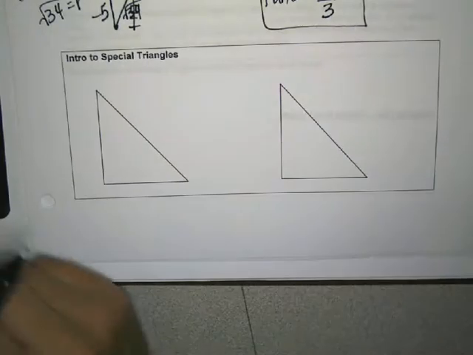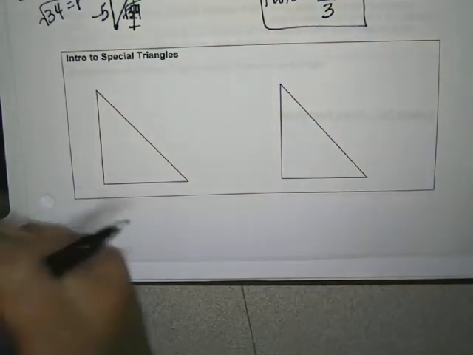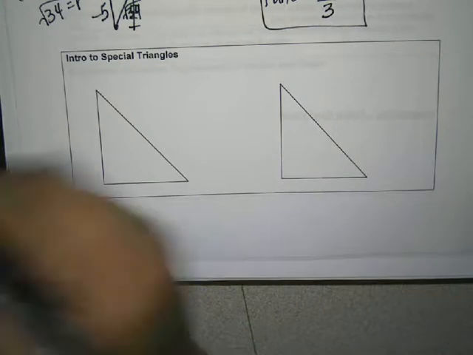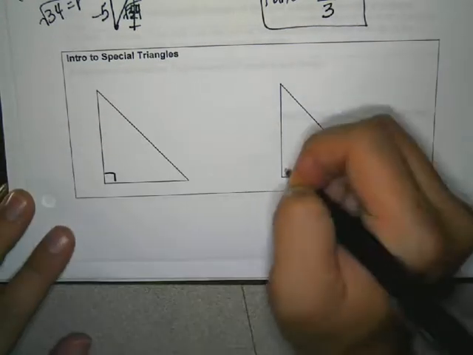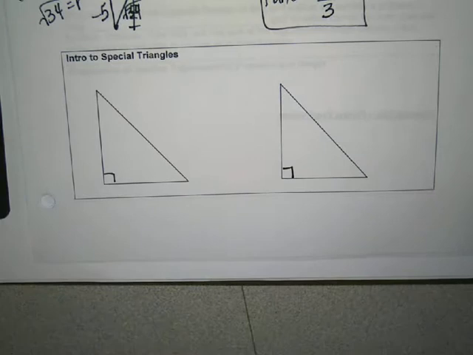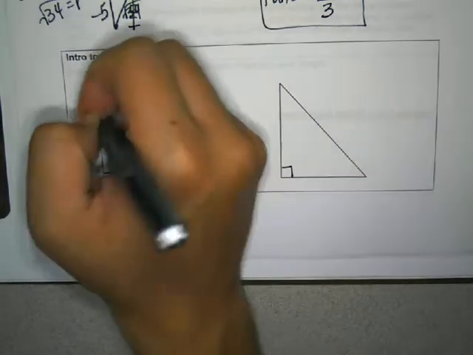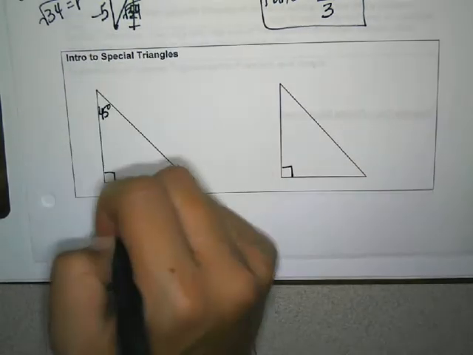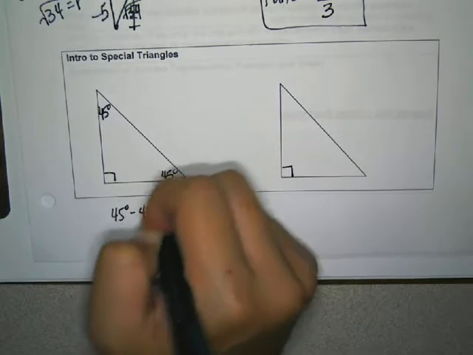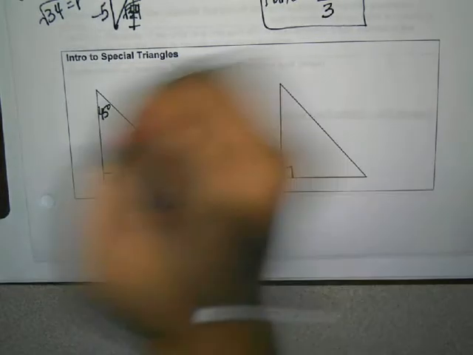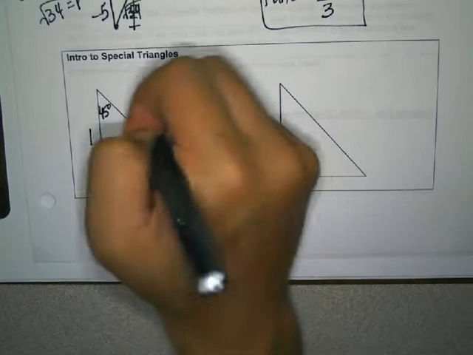Alright, for the last 3 problems, we're going to be using these special triangles. These special triangles are 2 scenarios that pop up a lot of times. And when you have these special scenarios pop up, the ratios, the sides, or your sine, cosine, tangent values will always be the same. The first one's a 45, 45, 90. The ratios are 1, 1 to square root of 2.